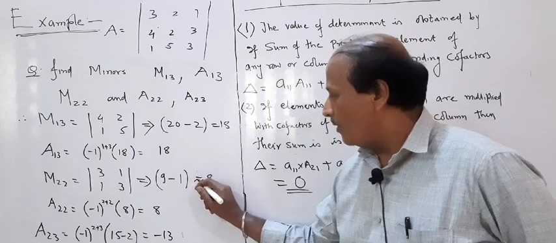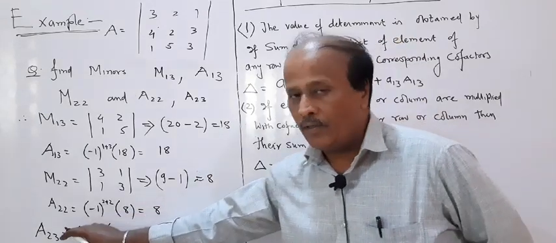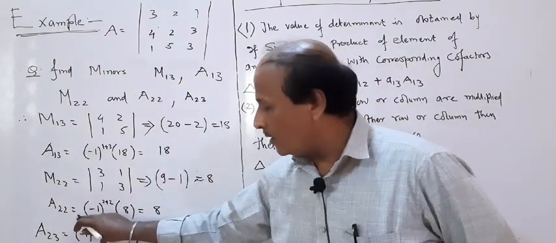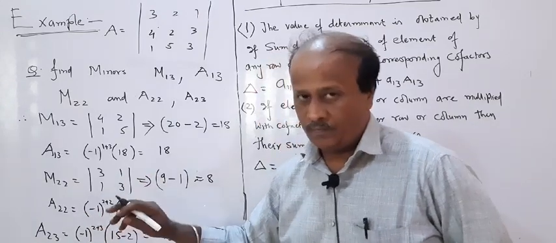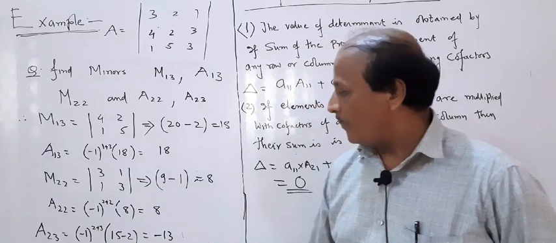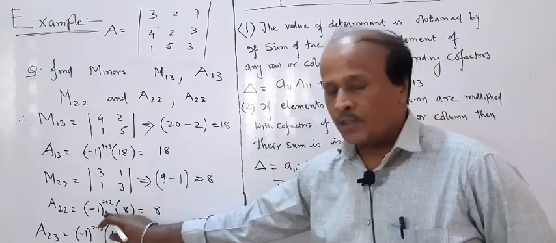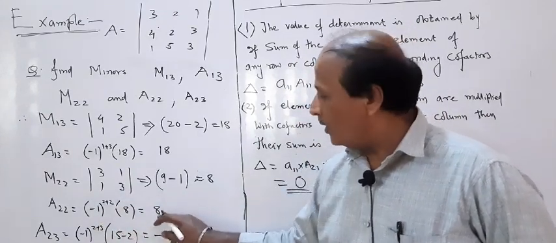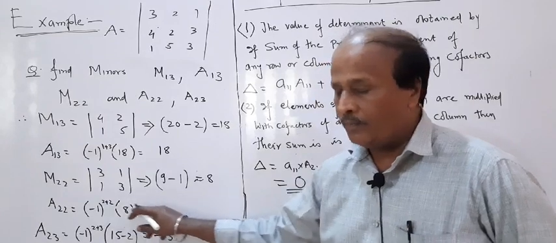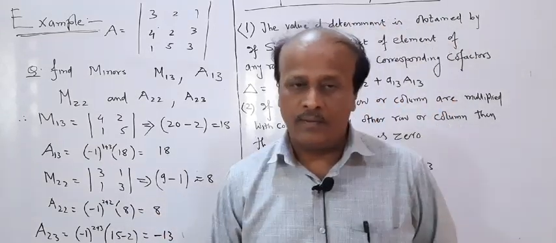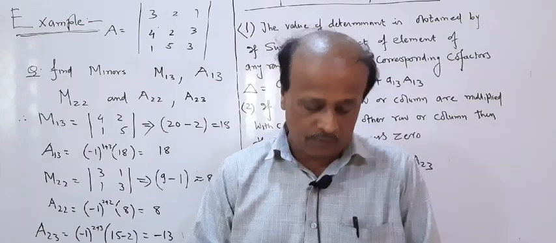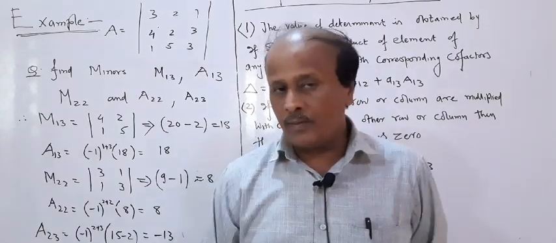Now again you use the formula for the cofactor. What is that formula? Minus 1 to the power 2 plus 2, the sum of place values. So 8 into 1, since the power is even, means 8 only. So the minor and cofactor are the same here. Purposefully I took a third one where the sign will be different.